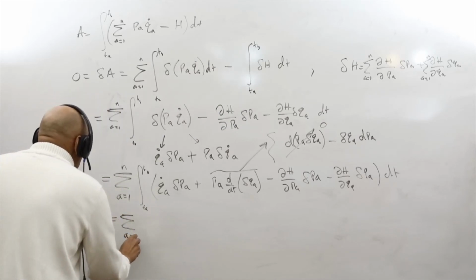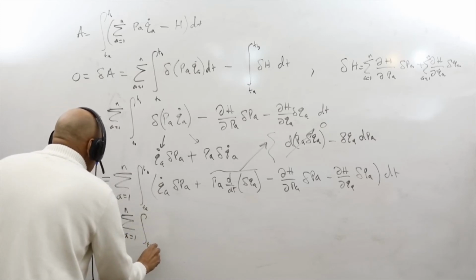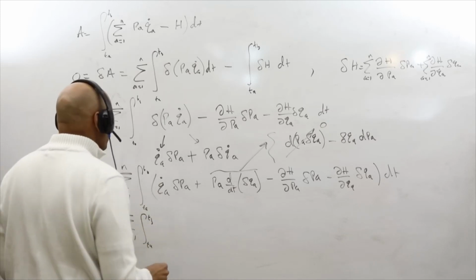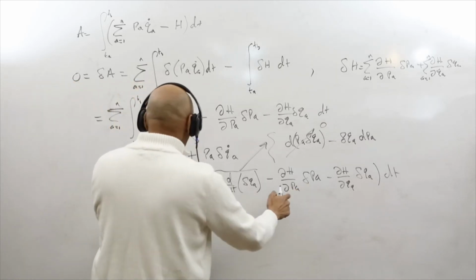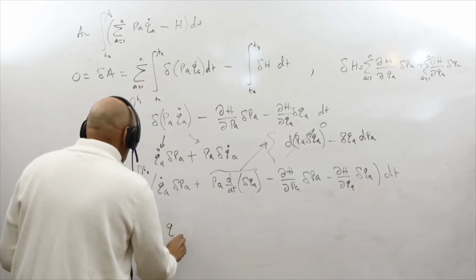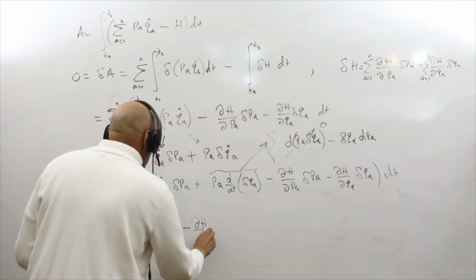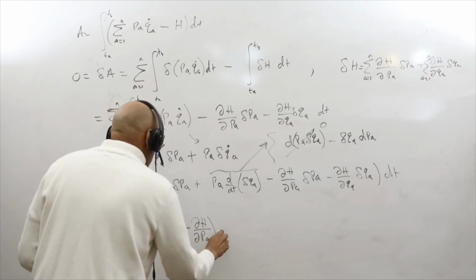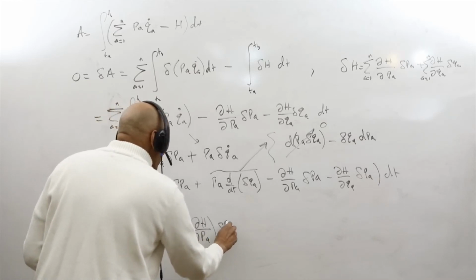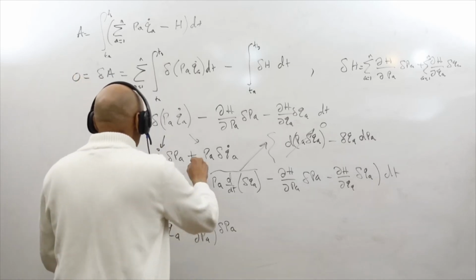final equation rewritten, TA to TB of, and I'm going to rearrange these terms. So there's a PA over here, so that becomes QA dot minus partial of H with respect to PA, variation of PA. Okay, so this term, finished.